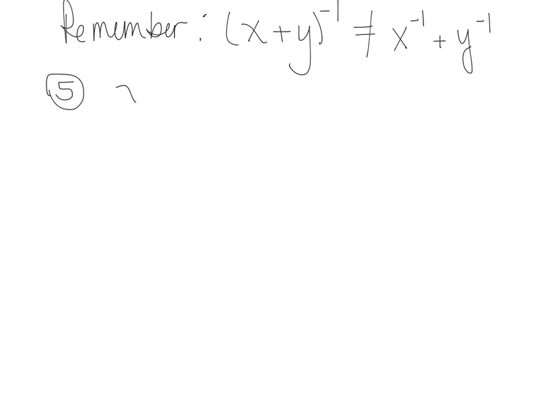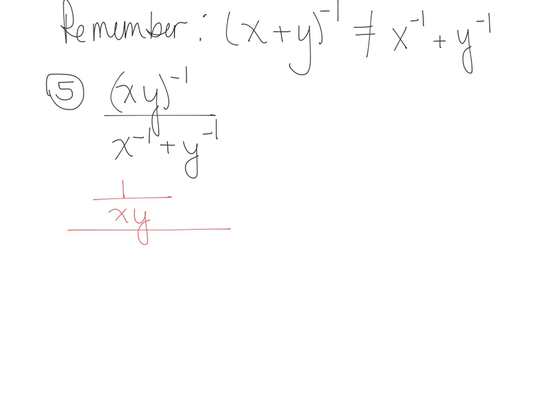Okay, x, y all to the negative first divided by x to the negative first plus y to the negative first. Okay, first thing we need to do is get rid of those negative exponents. Therefore, I'm going to rewrite this as 1 over xy all divided by 1 over x plus 1 over y.